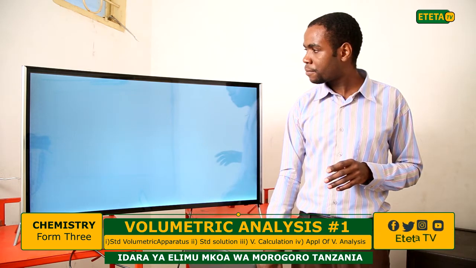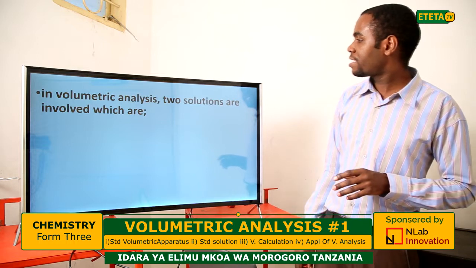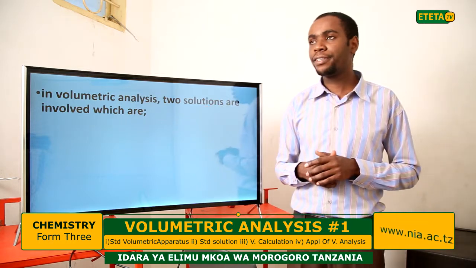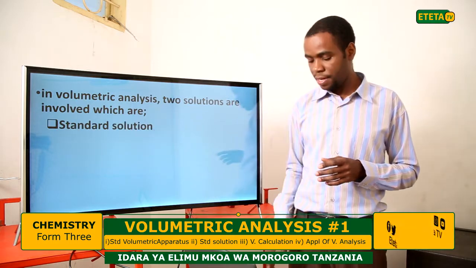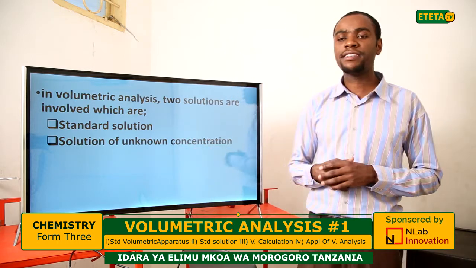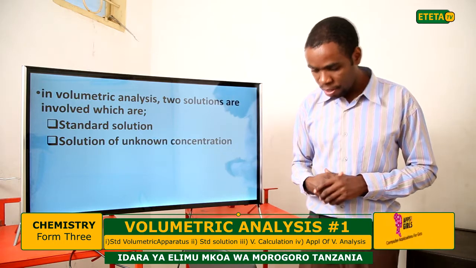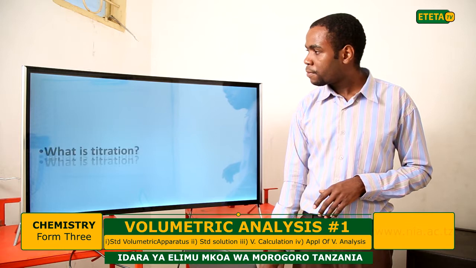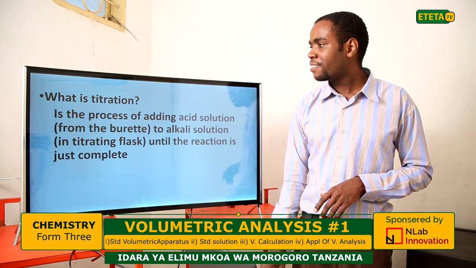Now, in volumetric analysis, two solutions are involved. Which are those? The first solution is the standard solution, and the second solution is the solution of unknown concentration. So we use the standard solution and the solution of unknown concentration. What is titration?